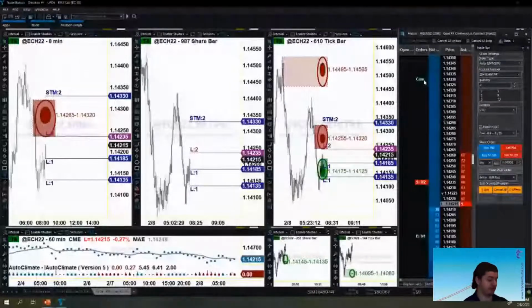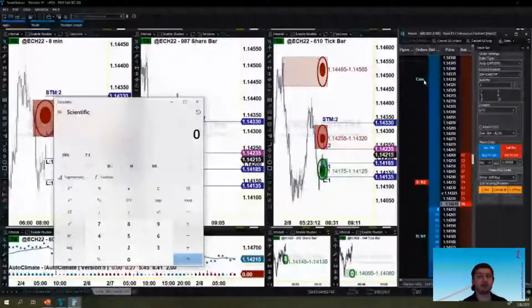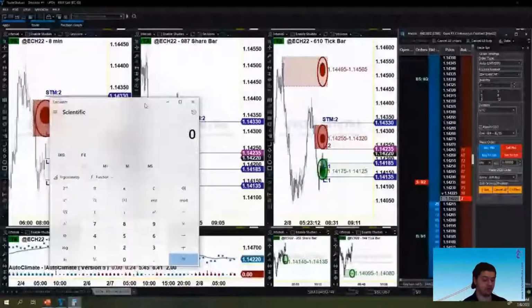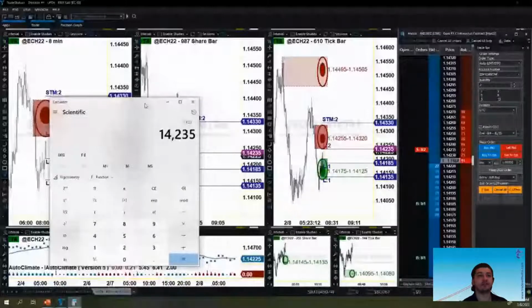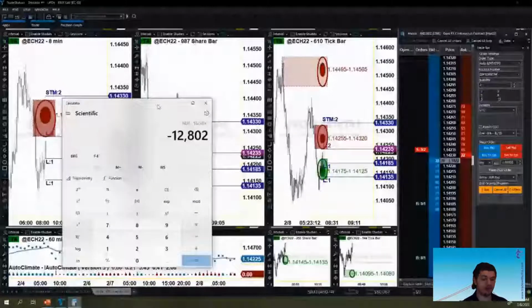For some reason, numbers are not my forte today. 1.1433 minus 1.14235, there we go.